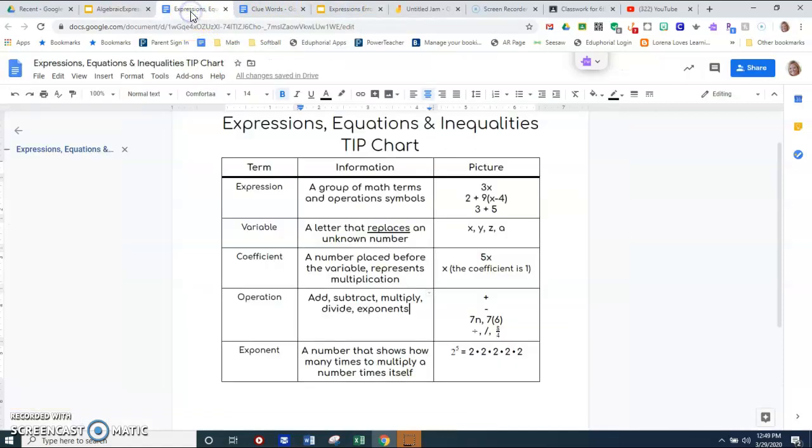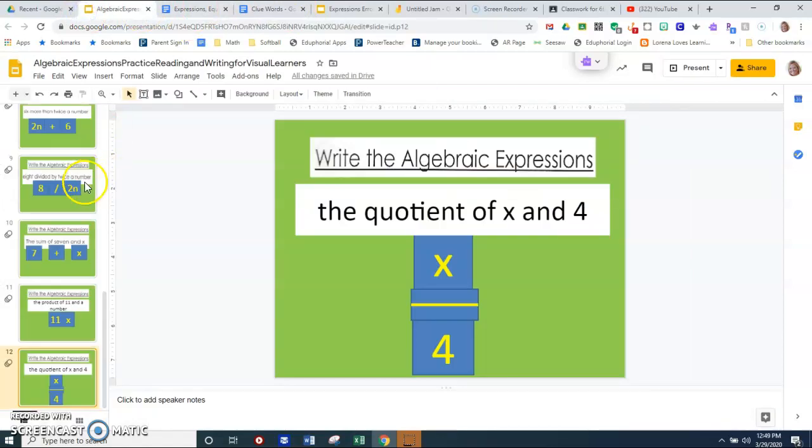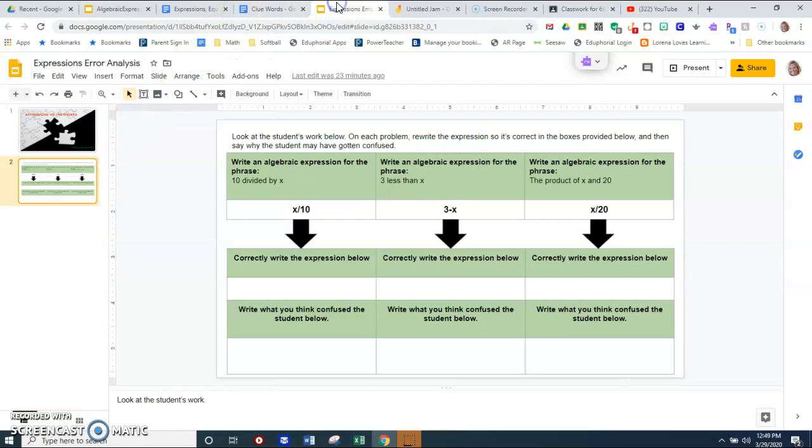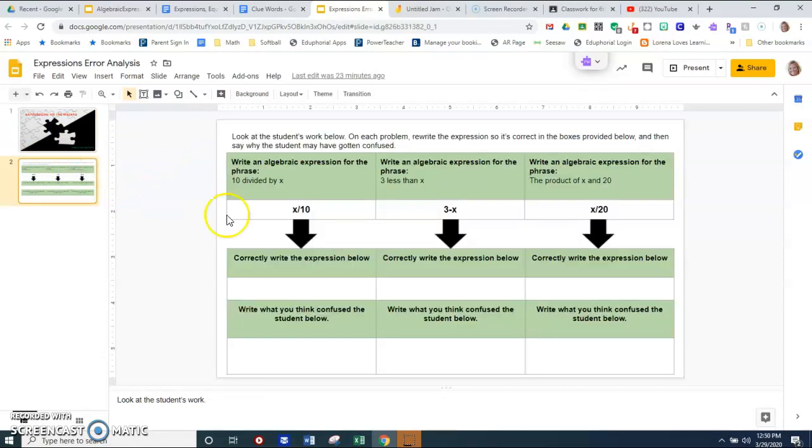So that's just going back through and using our clue words to put together an actual expression. That's what you're going to be doing for your assignment. So this is what your assignment looks like, and what you are doing is fixing the mistake. You have been given a problem and you are looking at the student's work.